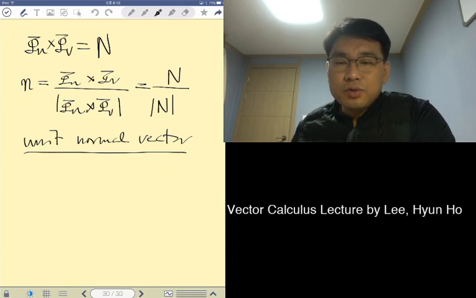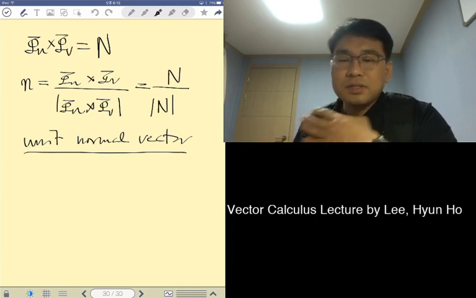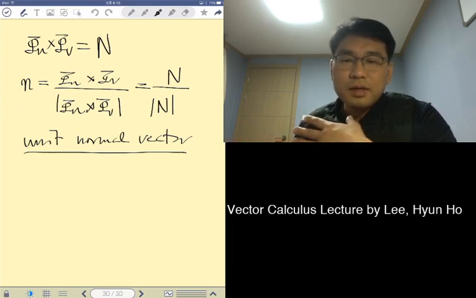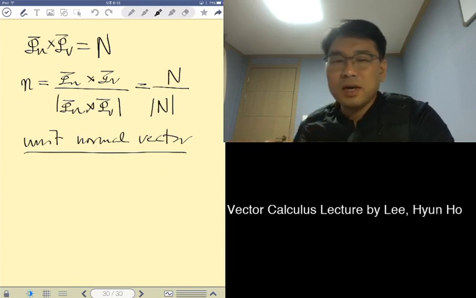Also, at the beginning, if you think the opposite side is outward, you can always decide which is the inner side and which is the outer side.